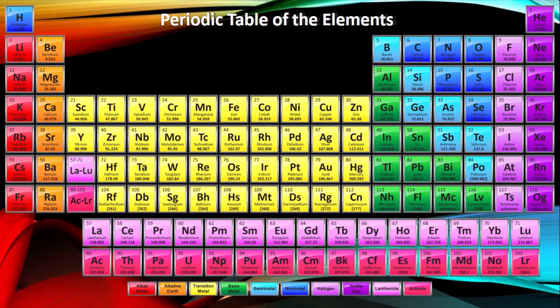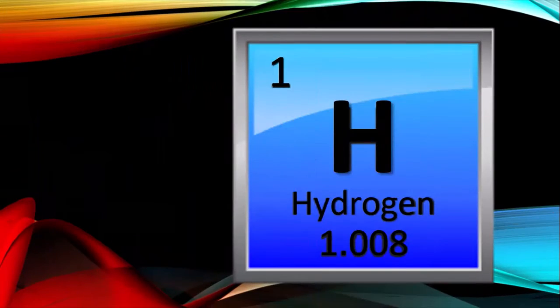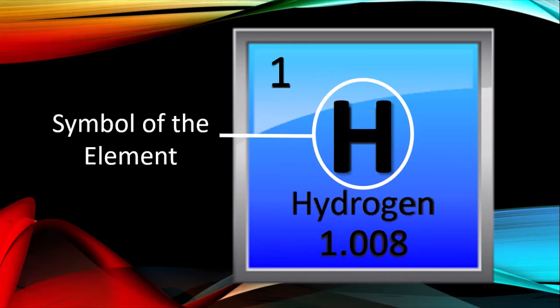The periodic table is a table in which all the elements are arranged according to their atomic number. Each element has a shortened writing using the first or the first two letters of the element. For example, hydrogen uses the first letter, capital H, as its symbol.